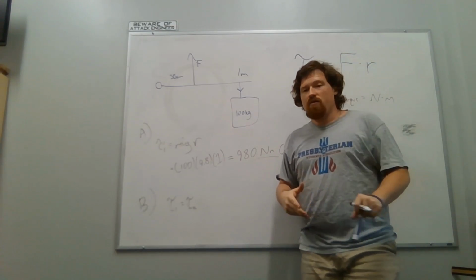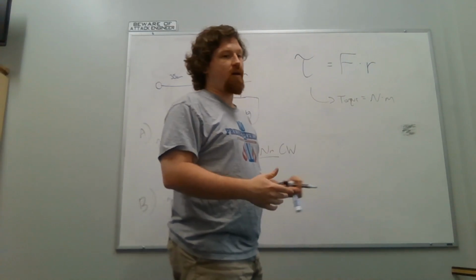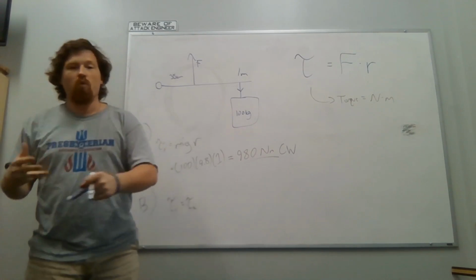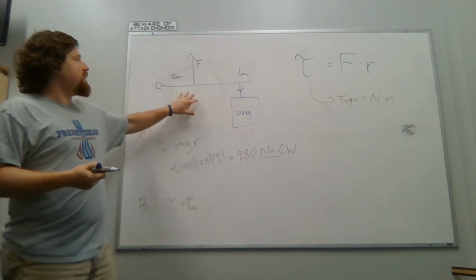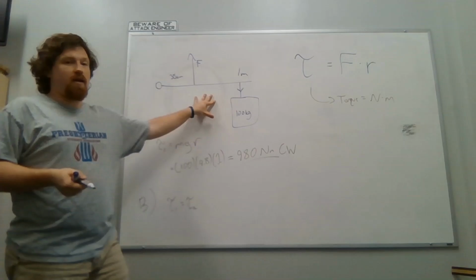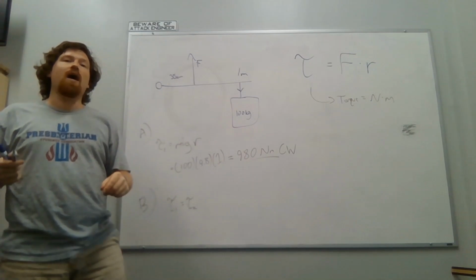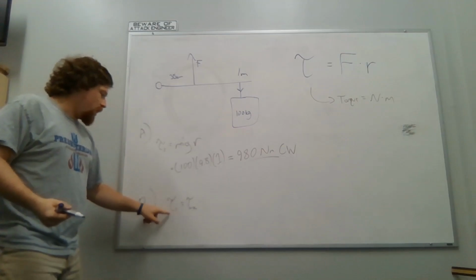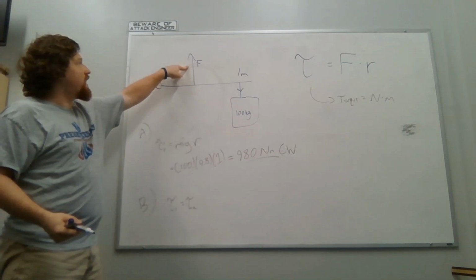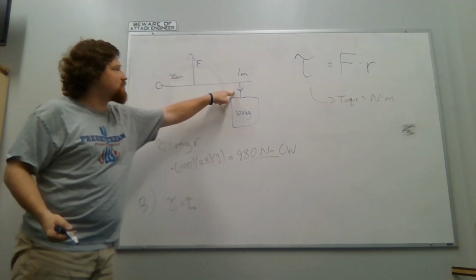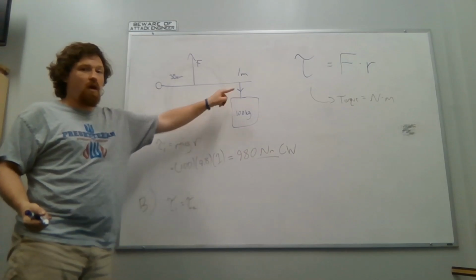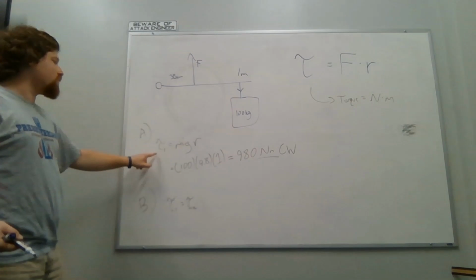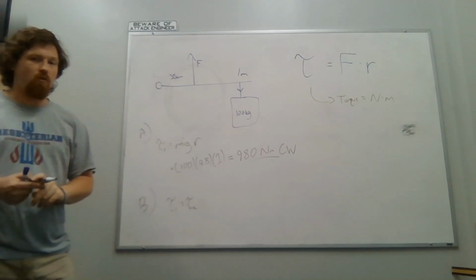Like how linearly, if all of the forces on an object are balanced, if all the linear forces on an object are balanced, that object won't accelerate. Angularly, if the torques on an object are balanced, that object is not going to angularly accelerate either. So we want the torque created by this force to be the same as the torque created by this force. So our second torque needs to be equal to the value of the first torque.